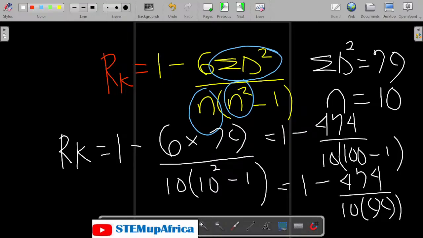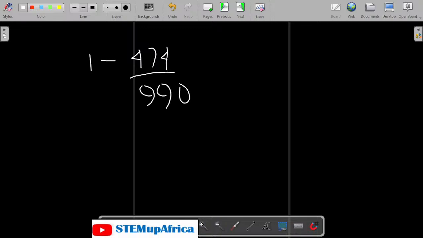So I will have 1 minus 474 over 10 bracket 99, which is 100 minus 1, that gives us 99. So I will use 10 to multiply 99. That will give us 1 minus 474 over 990 as my Spearman rank correlation.